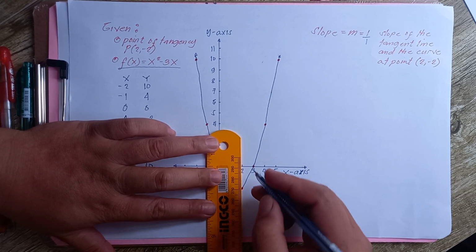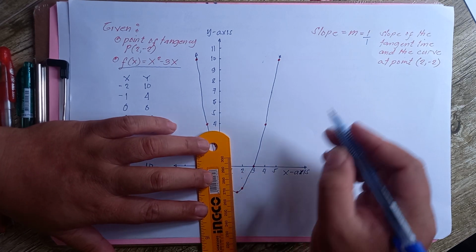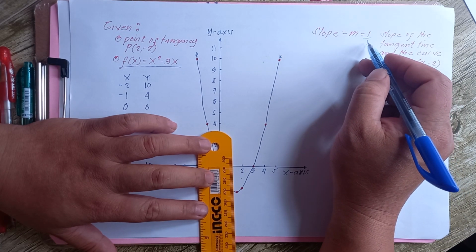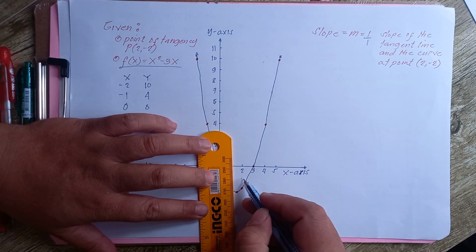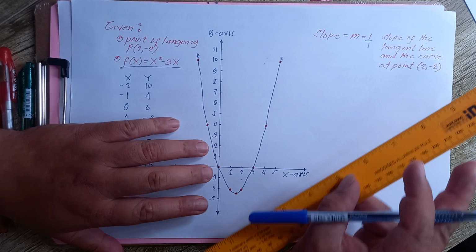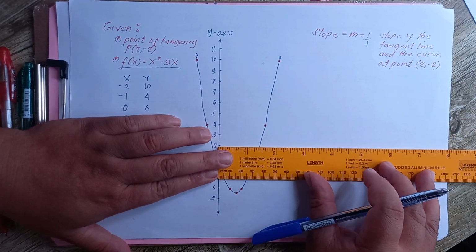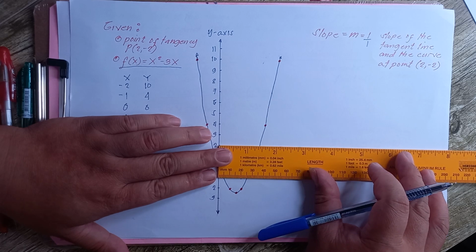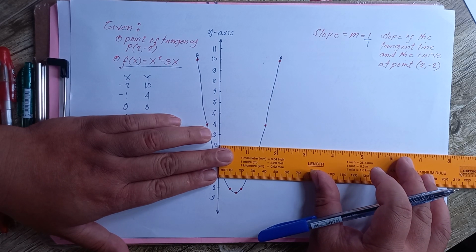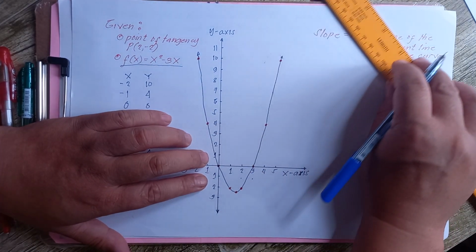Our change of x is positive. From this point, count 1 unit to the right. We do this so that our drawing would be closer to accuracy.